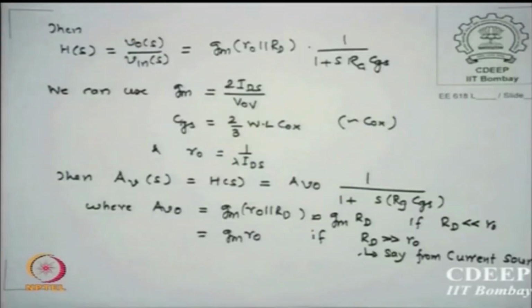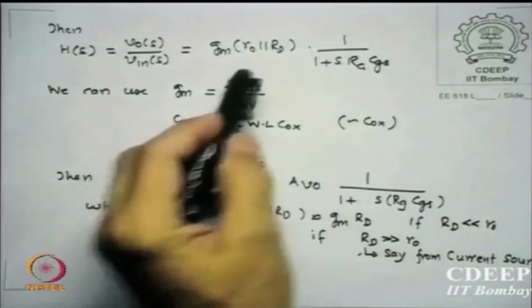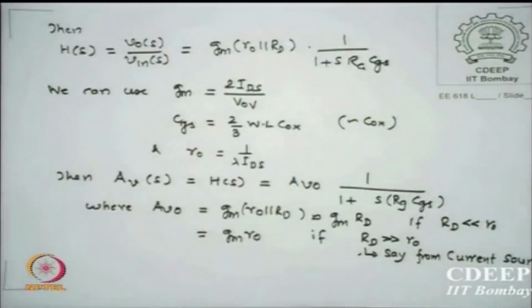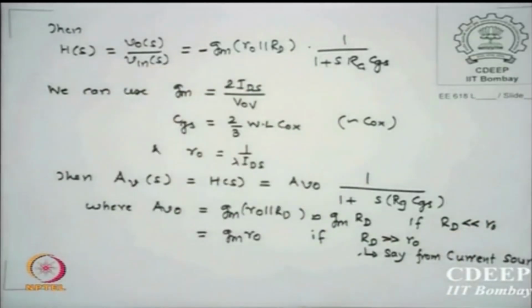So the transfer function from input to output, which is the gain function AVS, can be written as Gm times R0 parallel Rd. I should have put a minus sign here because of the opposite phase.